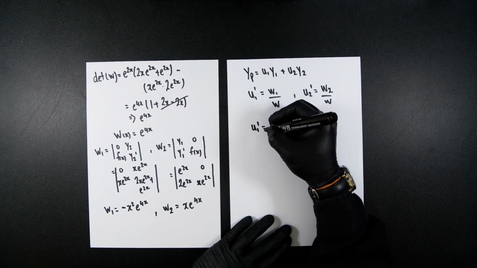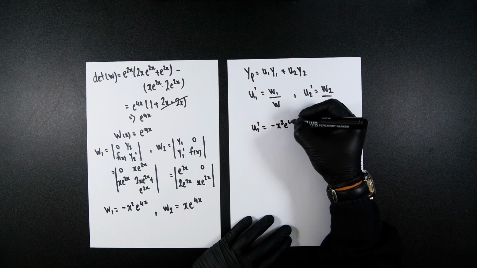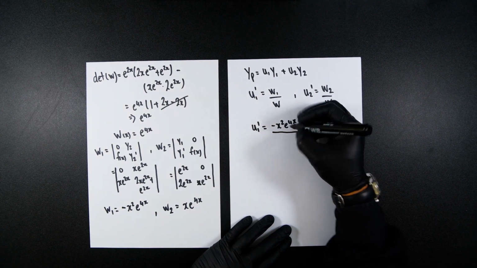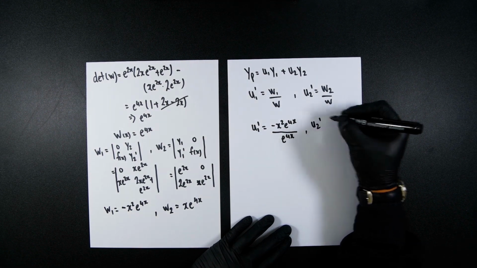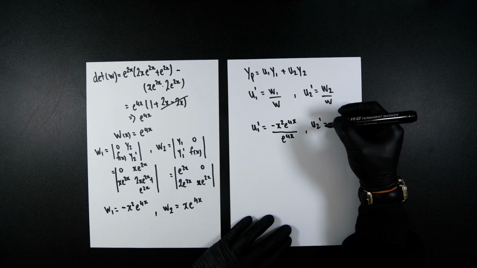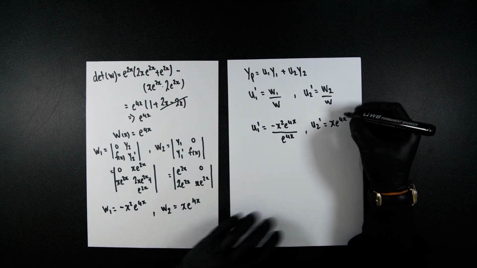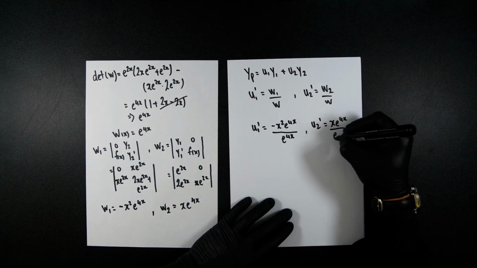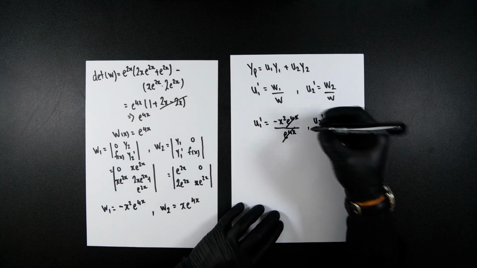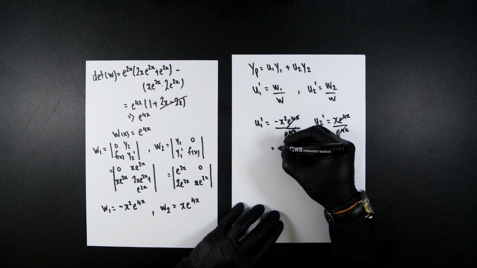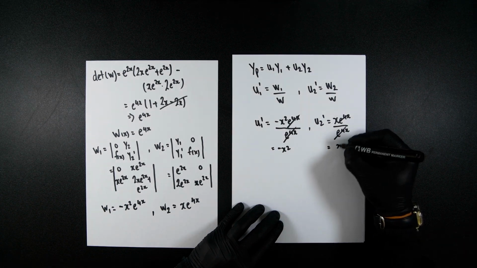So u1 differentiated is equal to minus x squared e to the 4x, all divided by e to the 4x. And u2, the differential of it, is x e to the 4x, that's here, divided by e to the 4x. Obviously these are all going to cancel out, and you're then going to get this as minus x squared, and this as x.